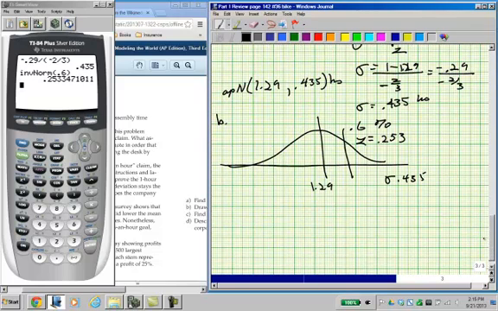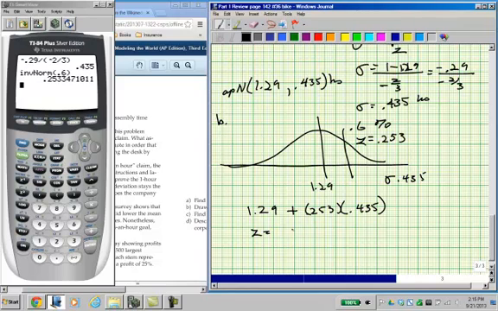Okay, and so we want to know what y value goes with that. Well, it's going to be the mean 1.29, plus the z-score times the standard deviation, plus 0.253 times 0.435. Why is that?